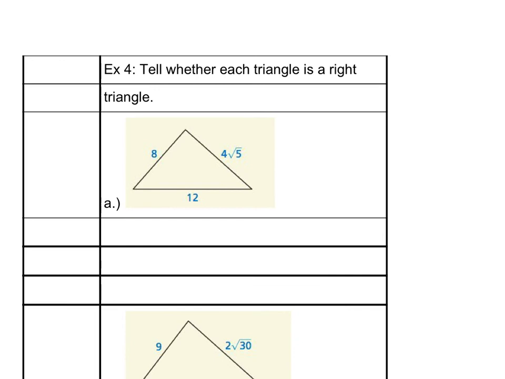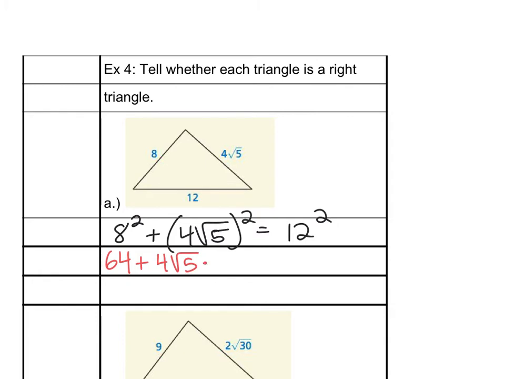Okay. So it says tell whether each triangle is a right triangle. Again, this is not anything new. So if you look, 12 would be the longest side here. So I have 8 squared plus (4 square root of 5) squared equals 12 squared. Well, 8 squared is 64. (4 square root of 5) squared means 4 square root of 5 times 4 square root of 5. If I simplify this piece here, I'm going to go over to the side so I have a little bit more space.